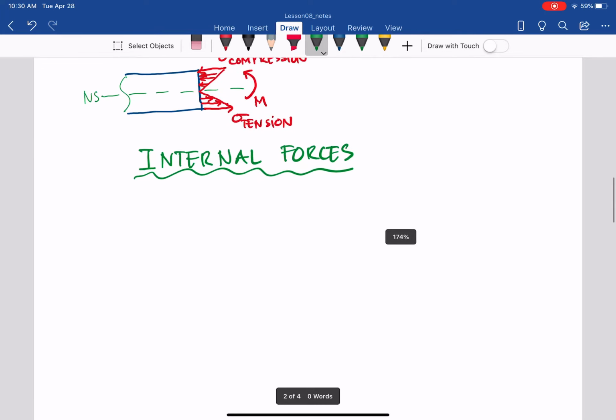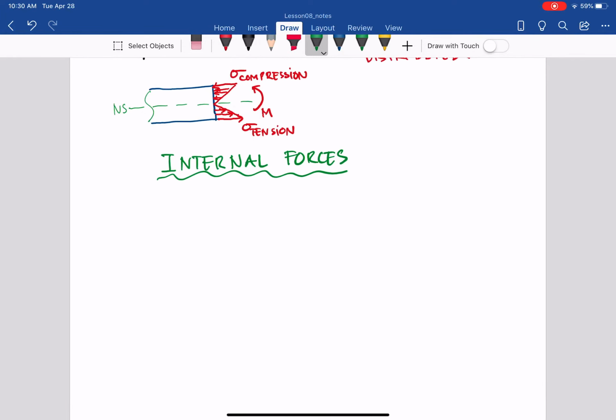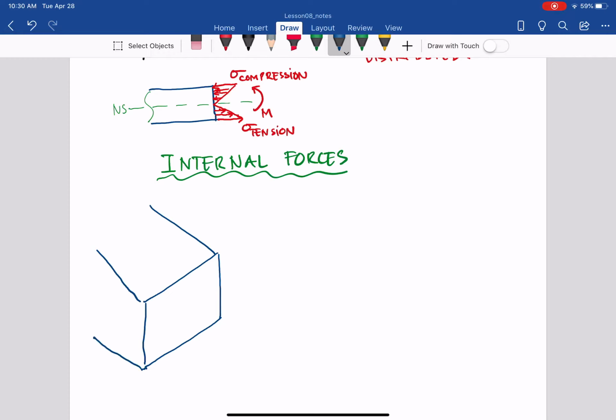So for internal forces, let's draw a beam here with the cross section in 3D for now. Assume this one can be a rectangular cross section.